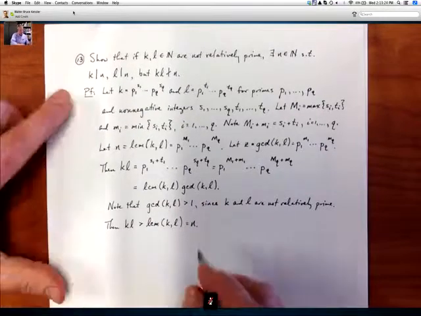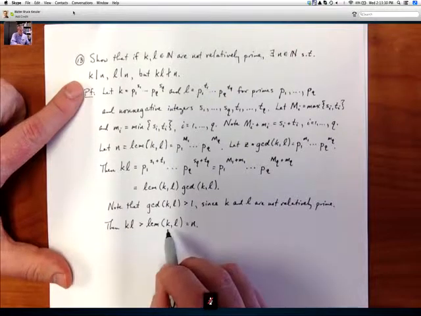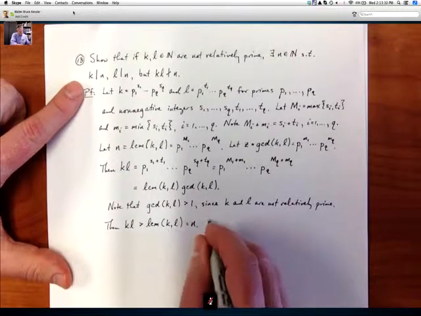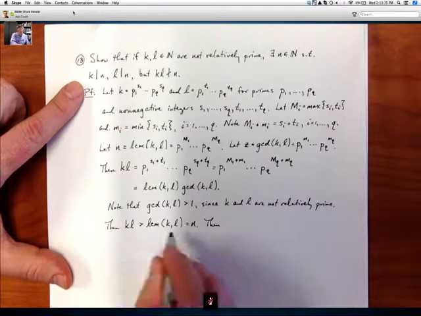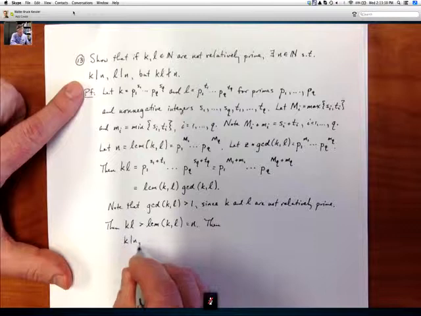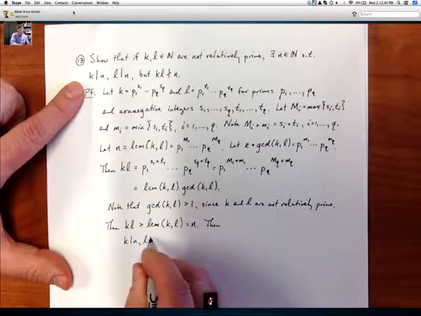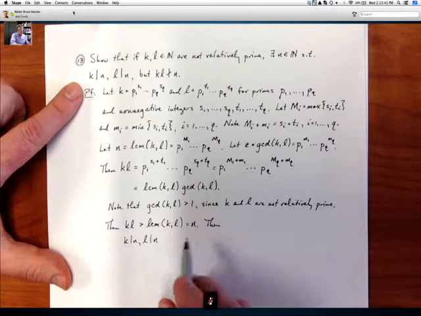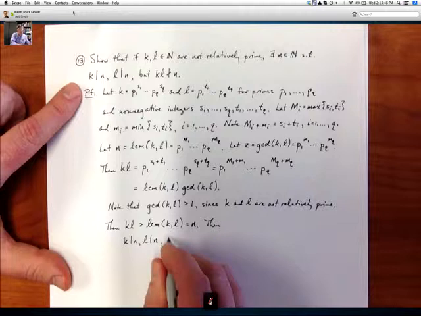Okay? And so I think n does all this, right? It's a multiple of k, it's a multiple of l. Then, let's list it all out. k would divide n. l would have to divide n, because n is a multiple of it.